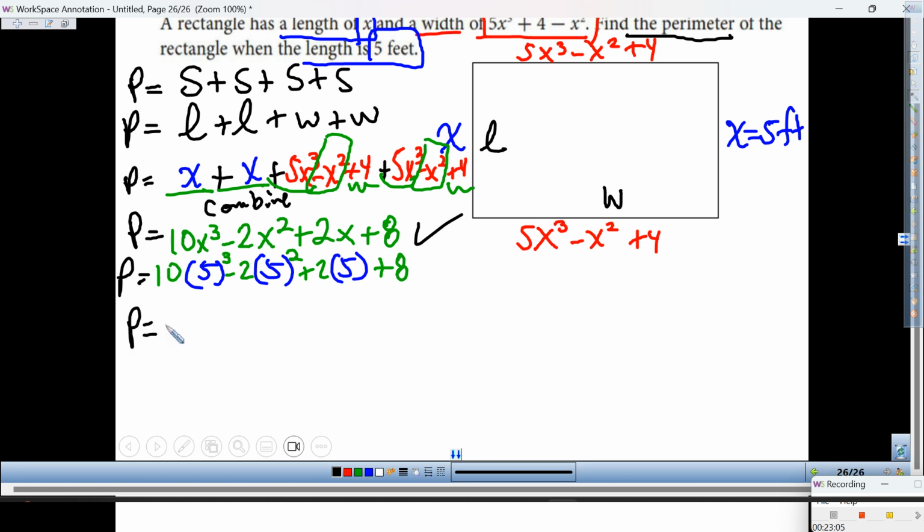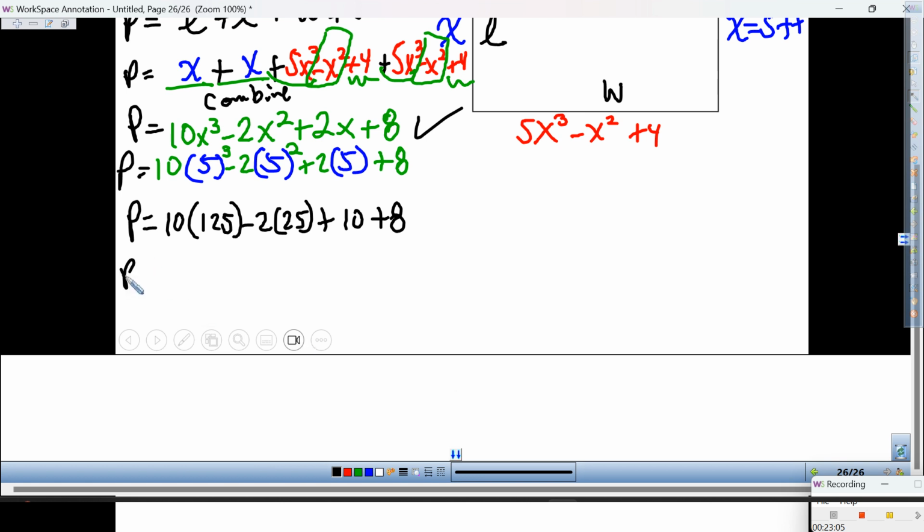All right, let's see. Calculators, calculate. What is 5 cubed? That's 5 times 5 is? Times 5. So this is 10 times 125 minus 2 times 5 times 5 is 25 plus 2 times 5 is 10 plus 8. All right, so far so good. What is 10 times 125? 1,250. Negative 2 times 25 is 50. There it is.